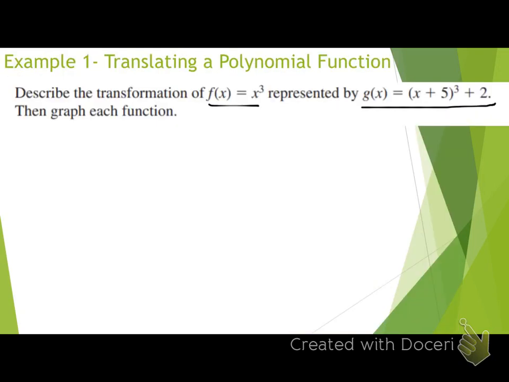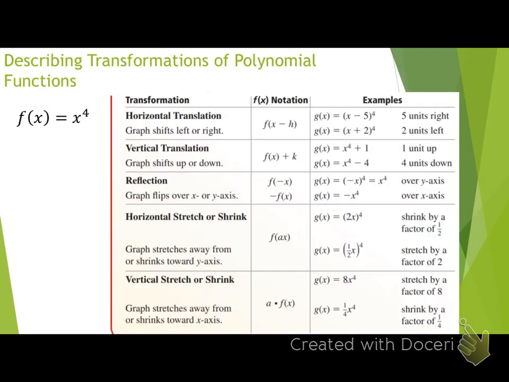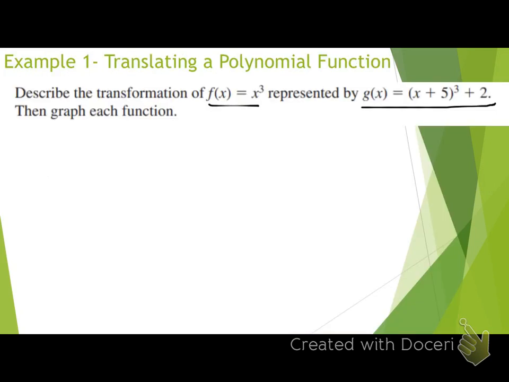So, if it's a plus 5, it's a horizontal translation, but am I going left 5 or right 5? Left, because remember, it's f of x minus h. So my h value is negative 5, but since it's minus the h value, minus negative 5 would turn to plus 5. Does that make sense?